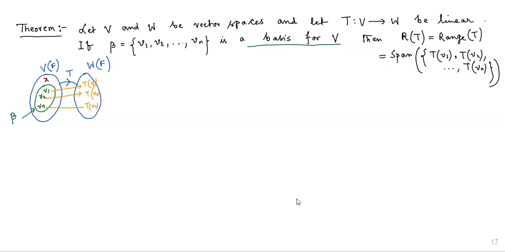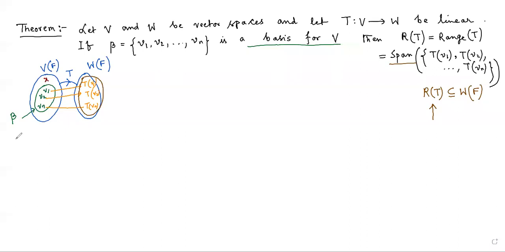Now, if I contain these elements T(v1), T(v2), T(vn) inside a set, the set has not been named over here, then the theorem is saying that R(T), a subset of the vector space W, all the elements present in R(T), or range of T, will be spanned by these images, T(v1), T(v2), and T(vn). So we are going to prove this result first of all, and then we are going to implement this to a given problem.